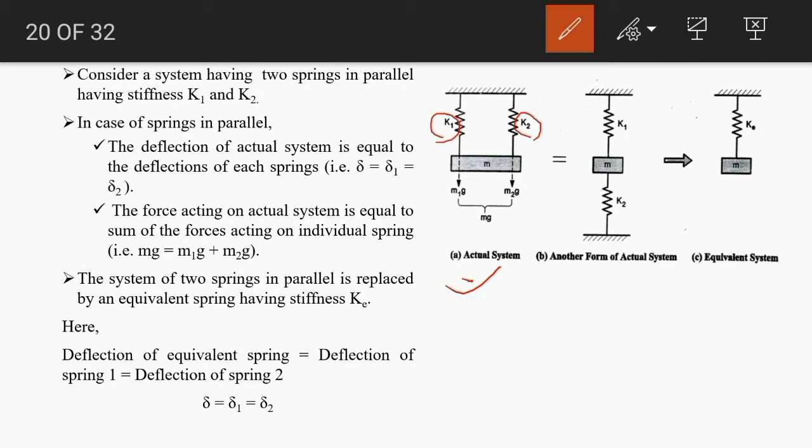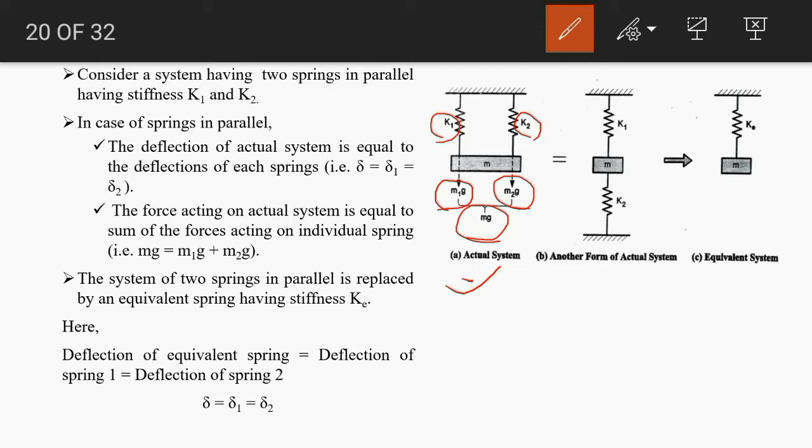So we know that the total force mg is distributed over these two springs k1 and k2. Let the load taken by spring number 1 be m1g, and the load taken by spring number 2 be m2g.